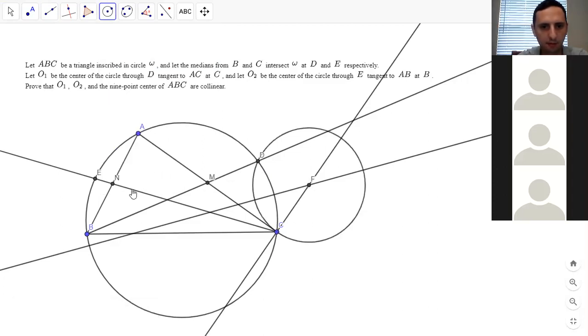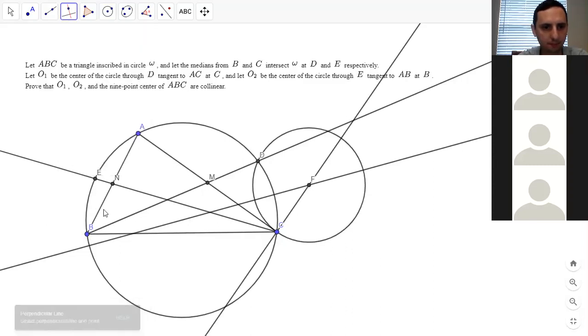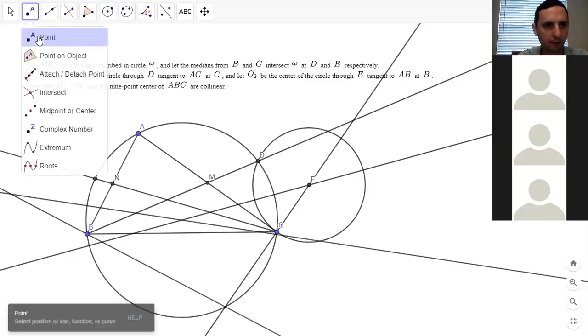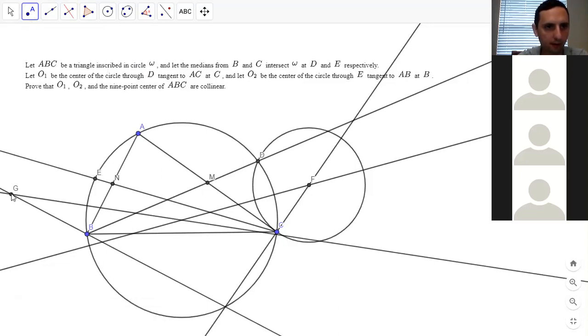And then I could draw the perpendicular on the other side. So through E, tangent to, okay, so this is the other point right here.